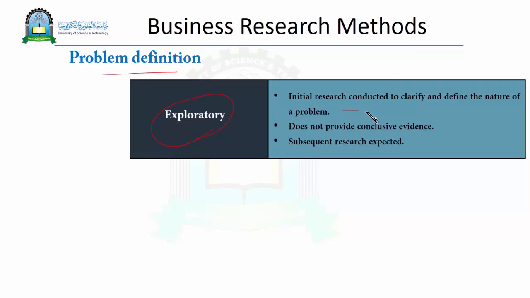It is initial research conducted to clarify and define the nature of the problem. It does not provide conclusive evidence, and of course I need another research to solve the problem. So the recommendations and findings of this type of research are whether there is a problem or not.